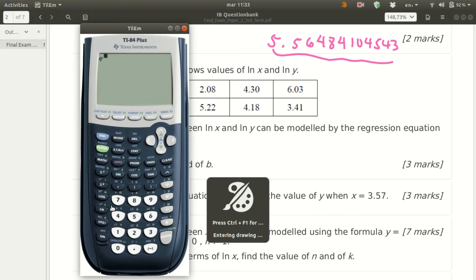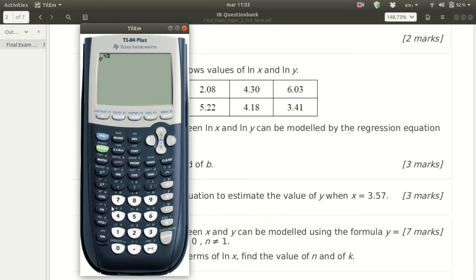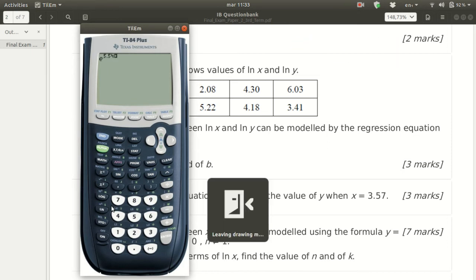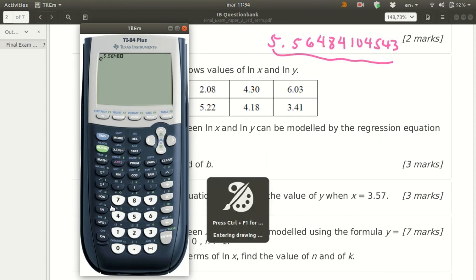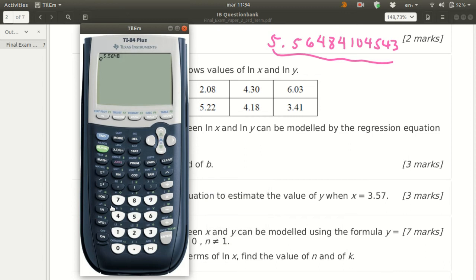Okay, so 5.5648, 4104, 543. 261, rounding to three significant figures. Okay, so the value of y is 261.